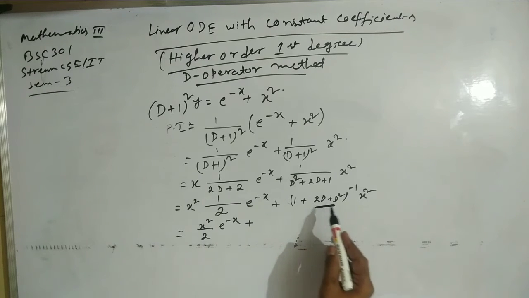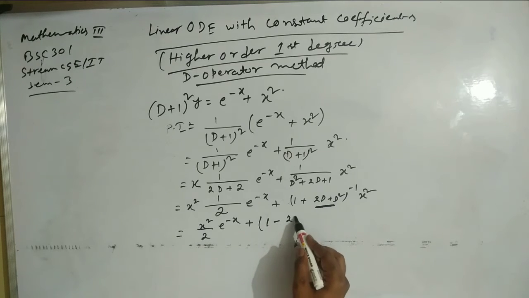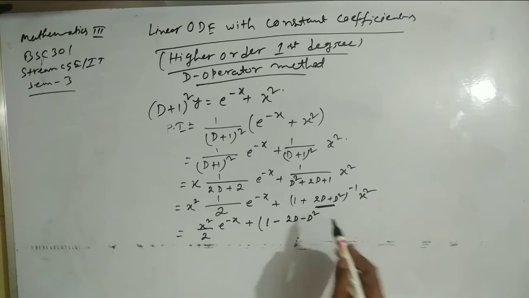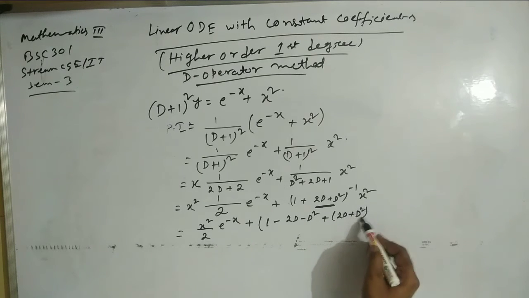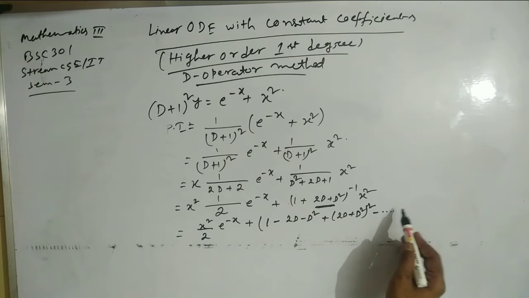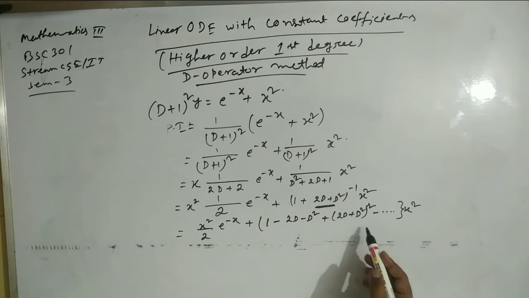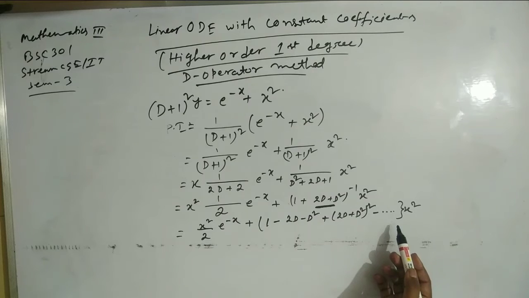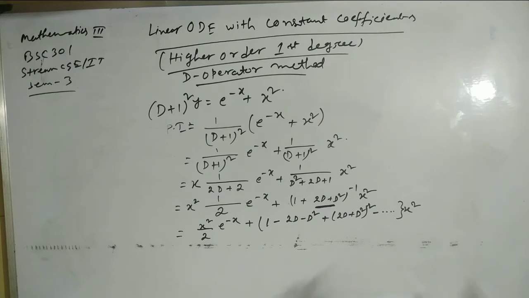So the formula of (1 plus a) to the power minus 1 is 1 minus a plus a square minus dot dot dot. So it is 1 minus 2D plus (2D plus D square) whole square minus dot dot dot, operating on x square. I have not written more terms because if we write more terms, it will be 0 after operating on x square, because this function can be differentiated maximum 2 times.